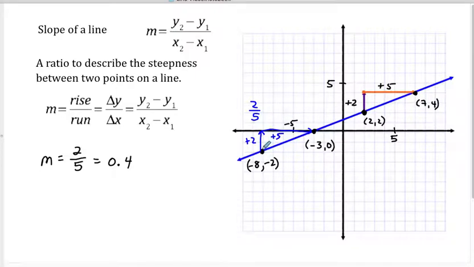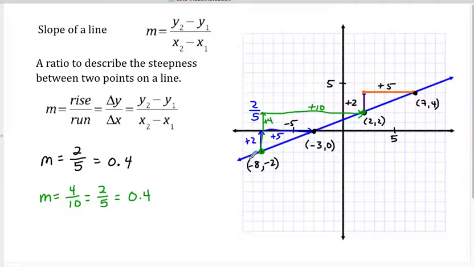You might even notice that if I were to take this first point and go to the second point here, I would go up 4 spaces for every 10 that I went over, which would give me a slope of 4 over 10, which you might already notice I can simplify to 2 for every 5, or 0.4 again.